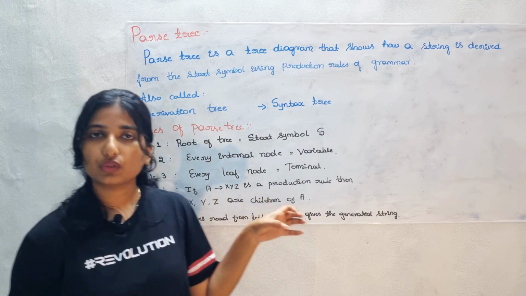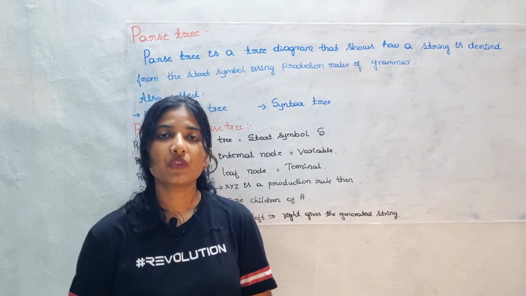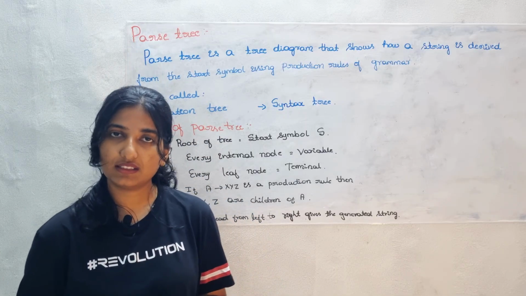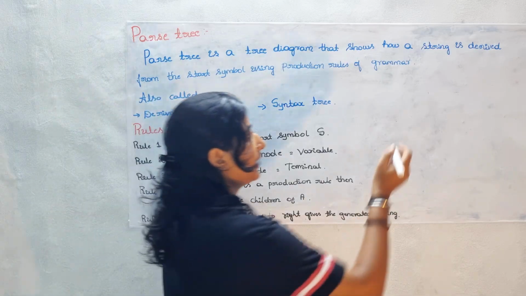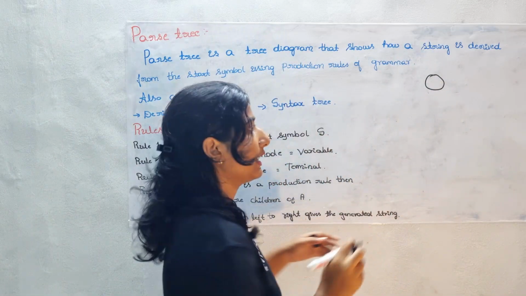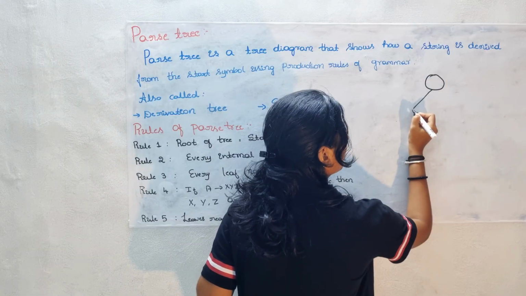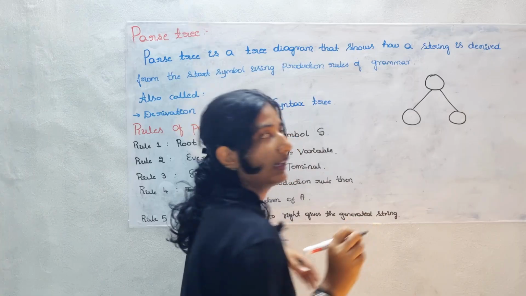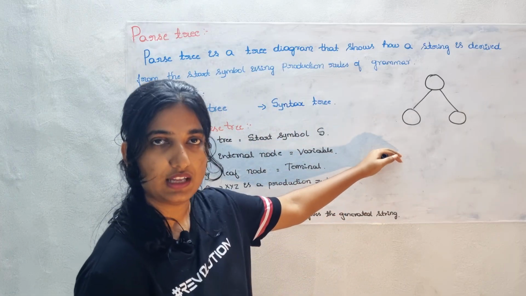Before going through the definition of a tree diagram, there's a general thing: do you know about a family tree? How will it be? Grandfather will be at the top, right? And your father and mother will be in the middle, okay?